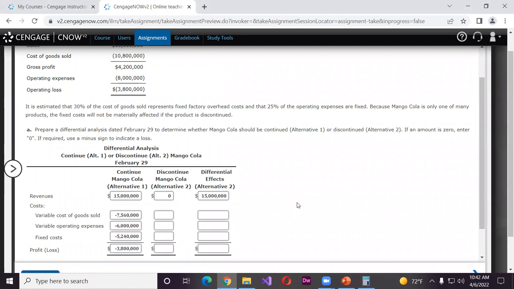If we discontinue the Mango Cola, what will be our variable cost of goods sold? It's variable, so it's zero, right? If we don't produce any of it, we won't have any variable costs. How about our variable operating expenses? Zero. But our fixed costs will still be there. It says the fixed costs won't change, whether we discontinue it or if we don't.